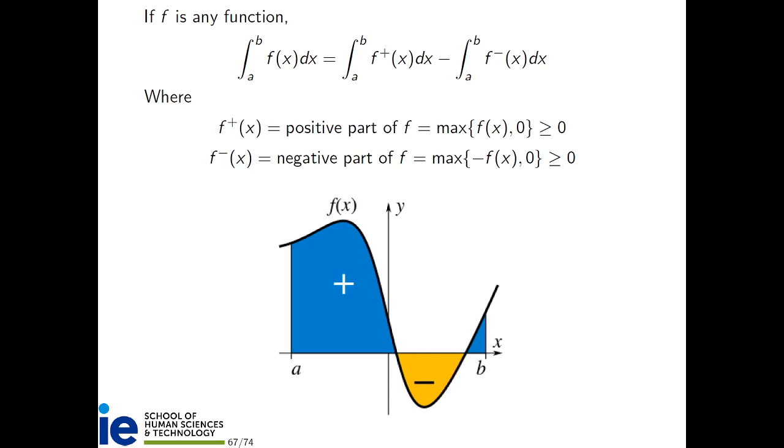So in our initial definition, we considered f to be a positive function. Suppose now it is any function. Then the integral computes the areas that are over the x-axis, so the positive parts of the function, and it also computes the areas of the regions that are below.